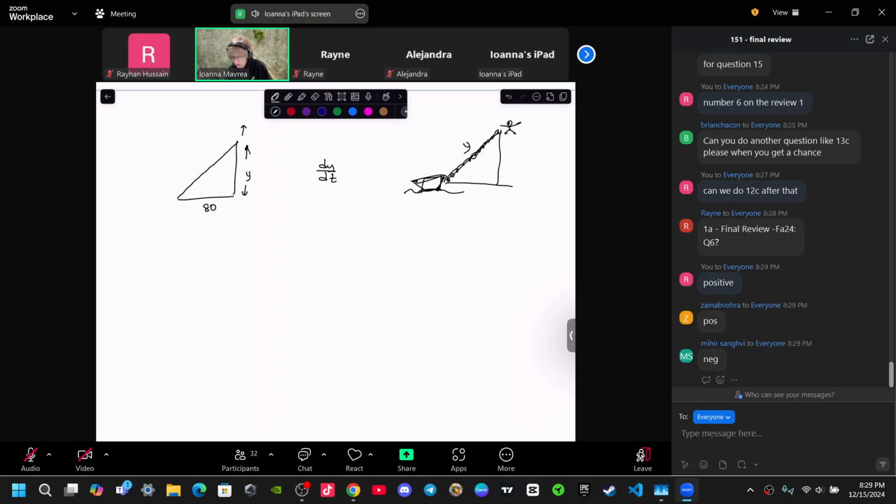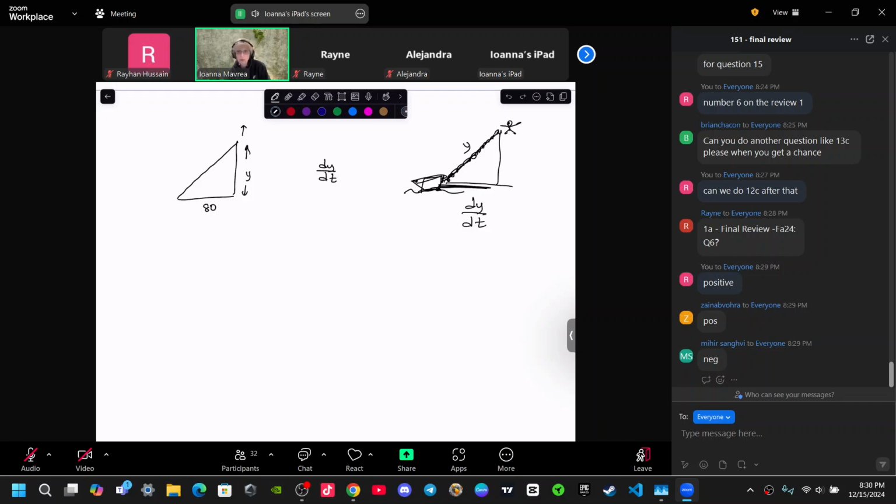So if that was y, what kind of number is the rate of change of y? Positive or negative in this case? Negative in this case, because if you're pulling it, this is coming this way, but this is getting smaller and smaller and smaller.